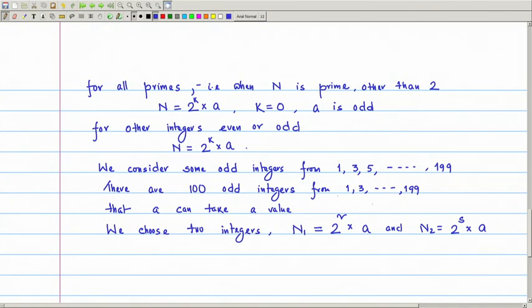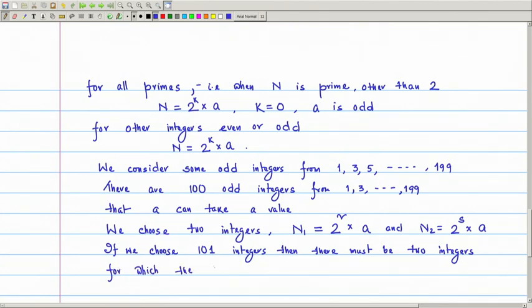Since there are 100 odd integers, if we choose 101 integers, then there must be two integers for which the a value is the same.